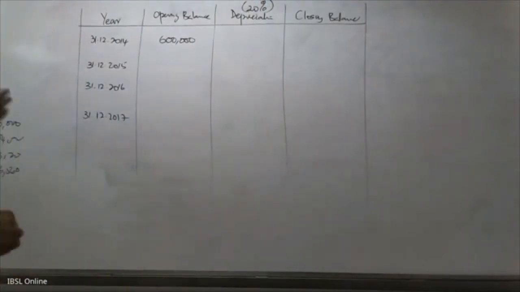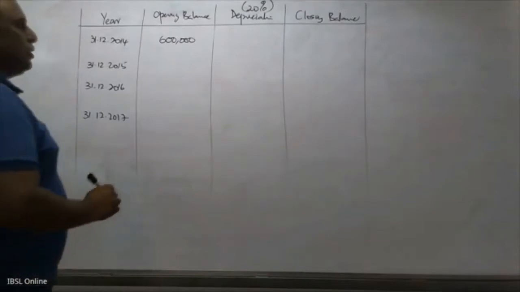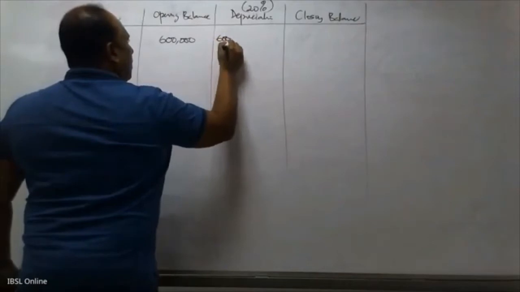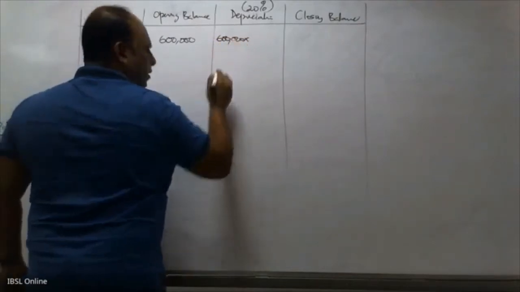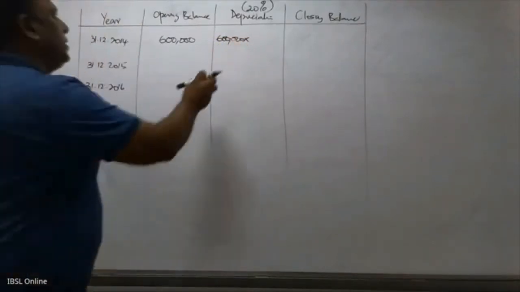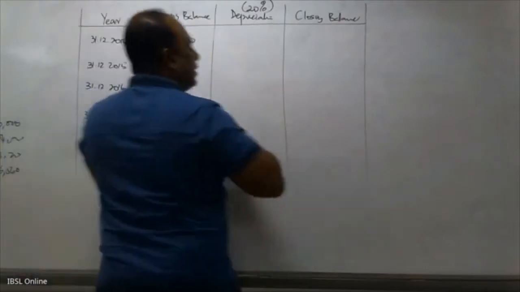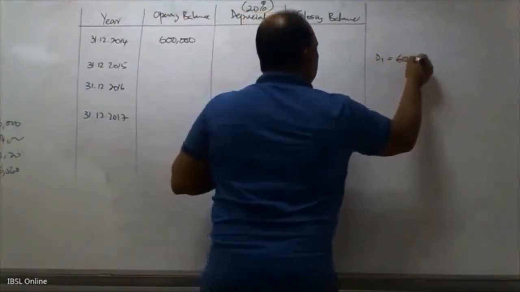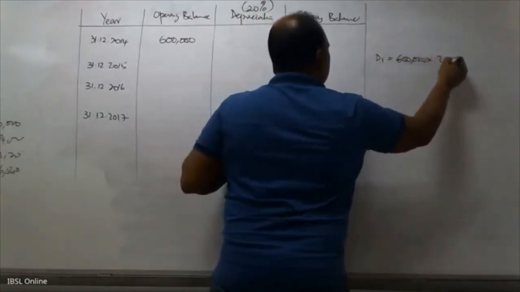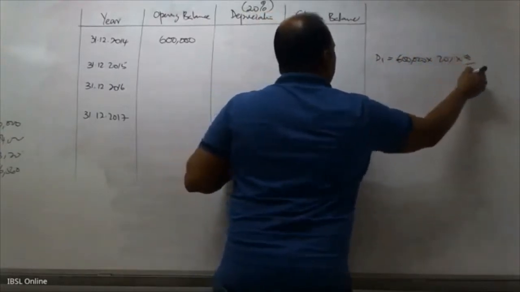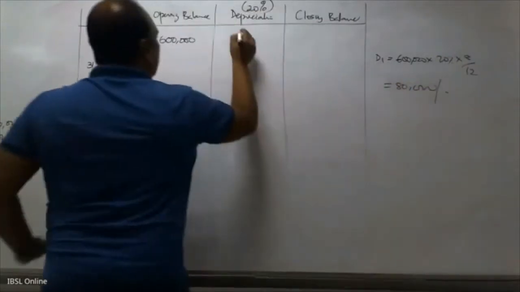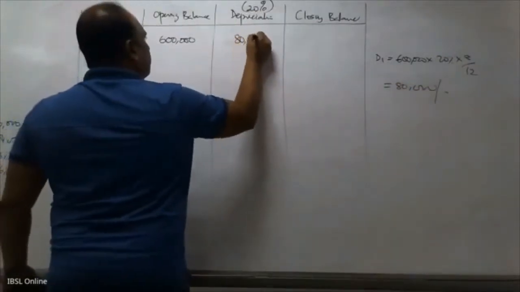So 120 was the depreciation for the full year, but since it was only 8 months, you can calculate the depreciation and put it. D1 would be 600,000 into 20% into 8 divided by 12. So you got 80,000. Now that 80,000 comes here.